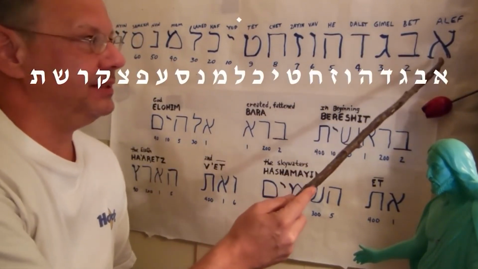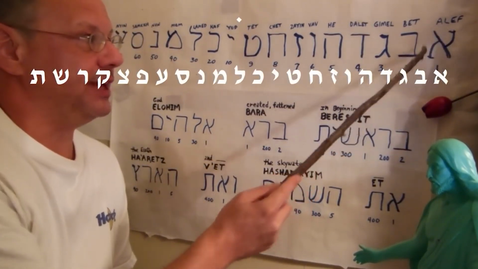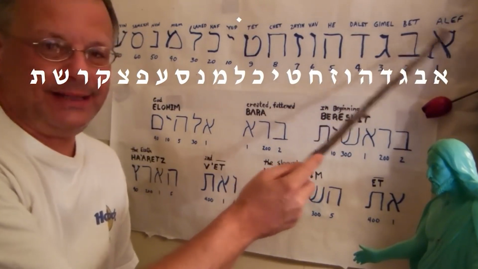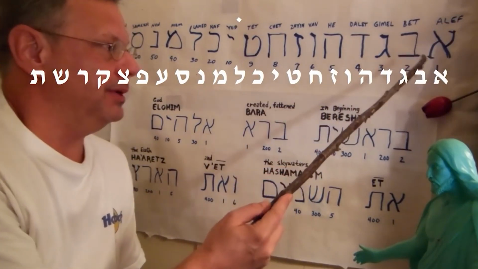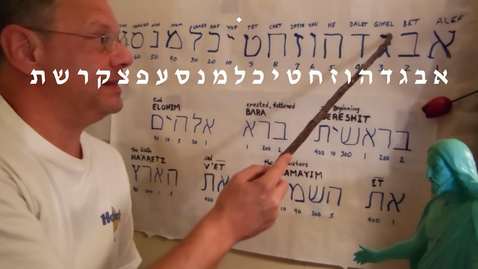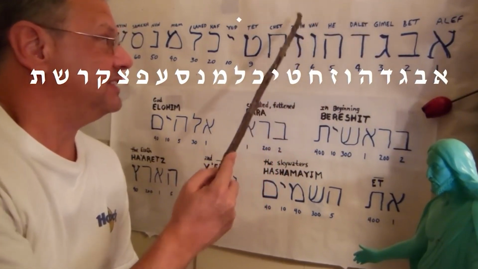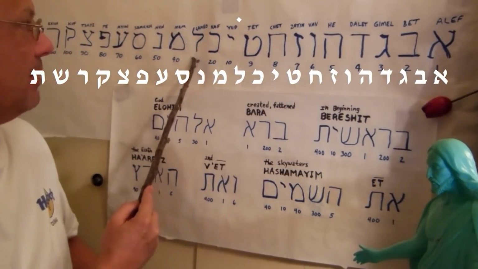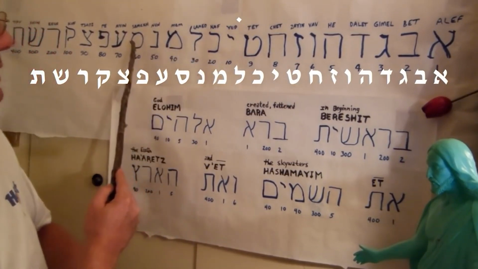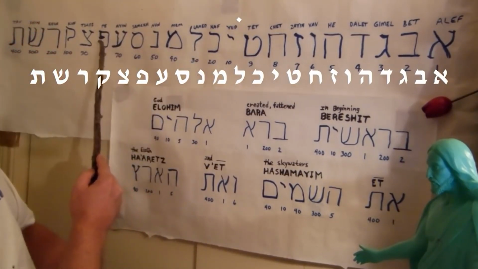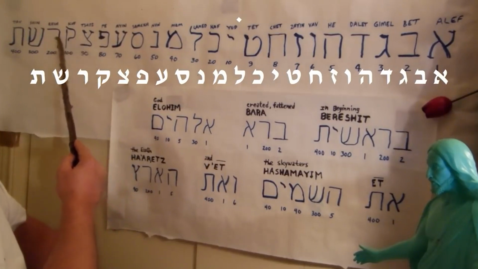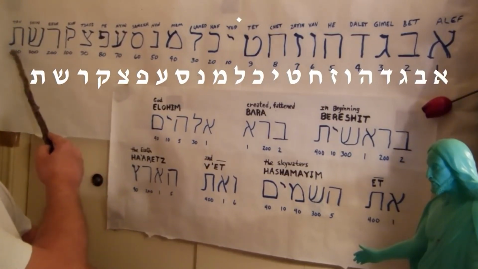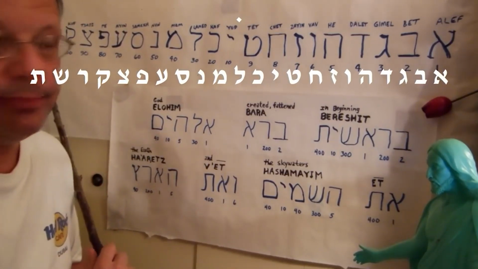Here's their alphabet. Their Aleph is the first letter. Their Beit, Aleph, Beit, alphabet. That's where we get it from. And the Gimel, Dalet, Hey, Vav, Zayin, Chet, Tet, Yud, Kaf, Lamed, Mem, Nun, Samek, Ayin, Pei, Tzadi, Kuf, Resh, Shin, Tav. 22 letters.